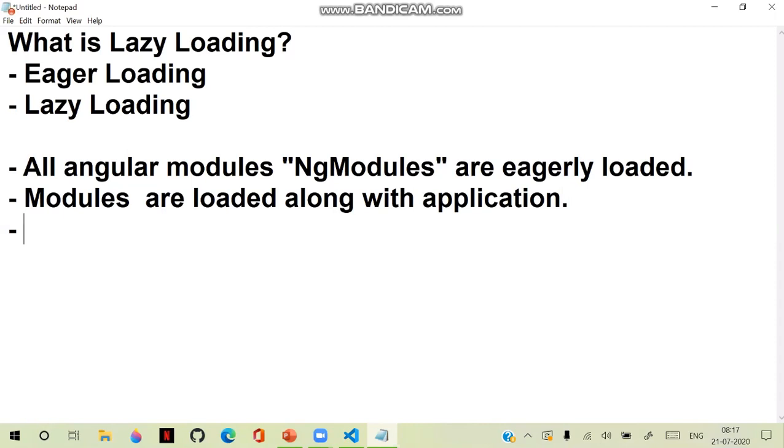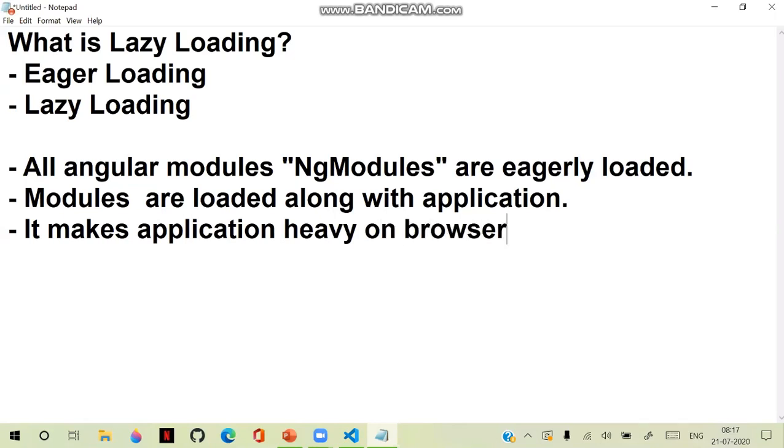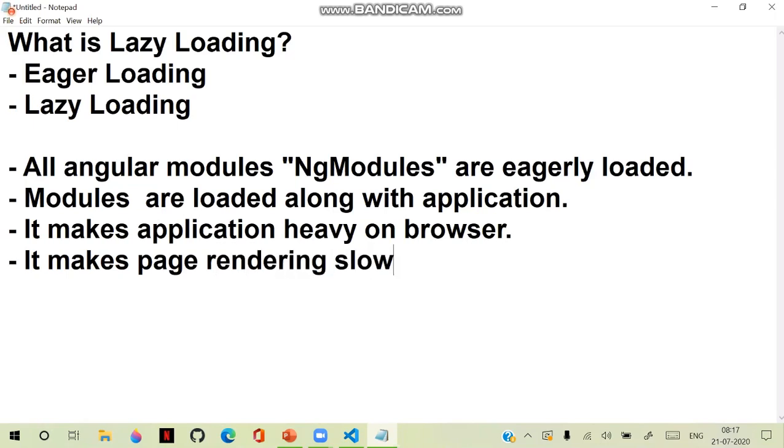And one of the major problems in this is that it makes the application heavy on the browser, and it makes page rendering slow. So the application is heavy on the browser, and it makes the page rendering slow.